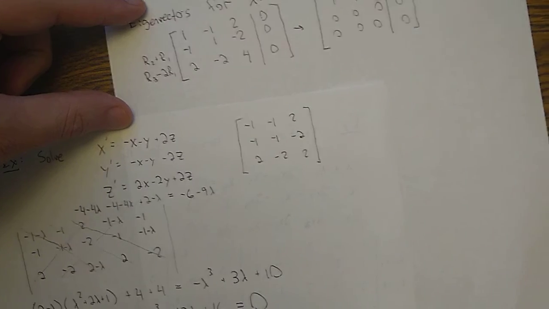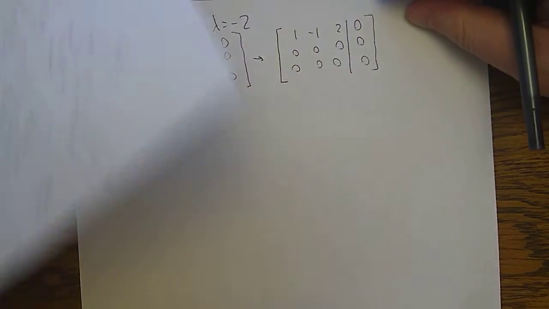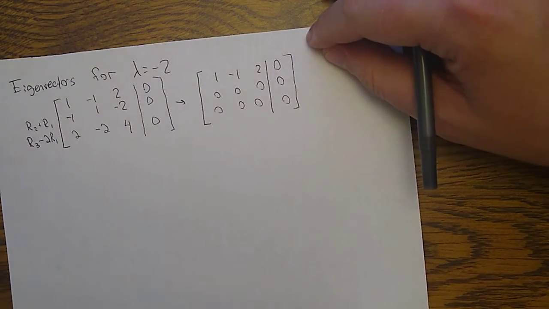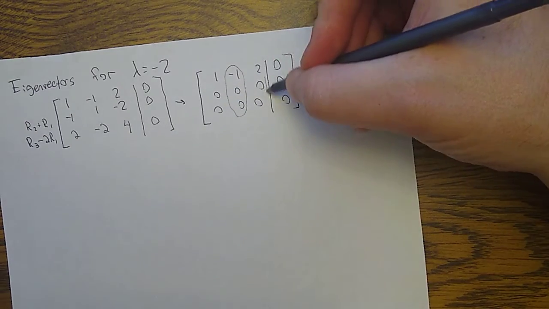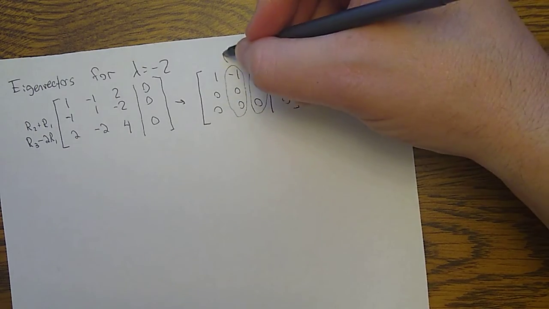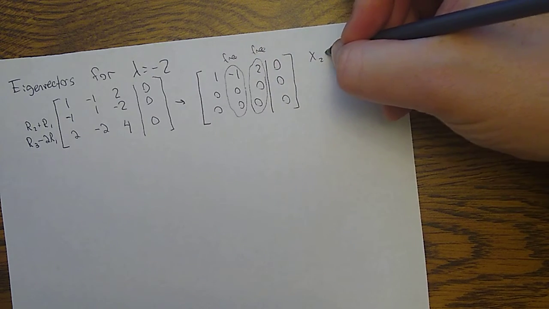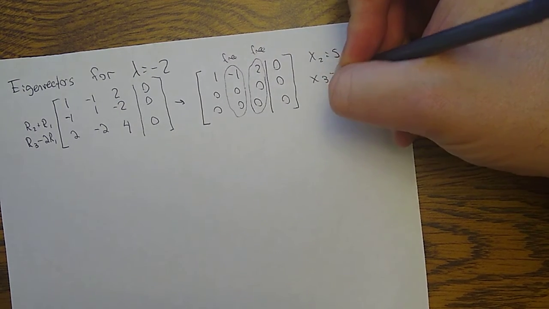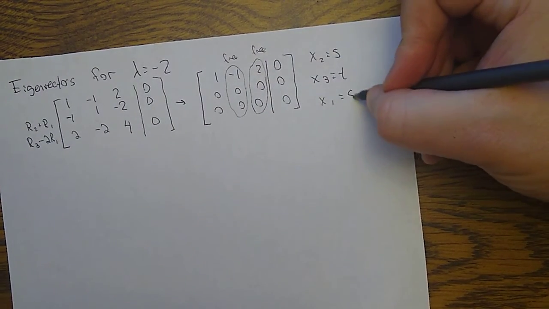It's very easy. This is free, this is free. So say x2 is s, x3 is t, and x1, I solve for it, it would be s minus 2t.